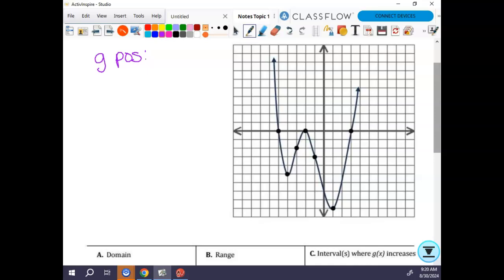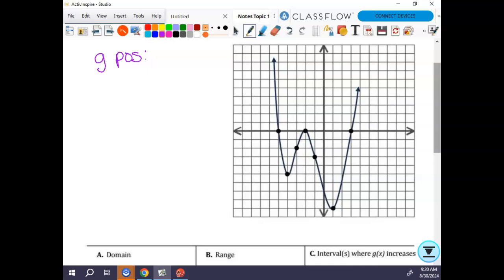So where does g start being positive? Where's the first time? Any idea? Okay, -5, is that where it starts being positive? That's the first time it ends being positive, right? So what's the x value where we start being positive?